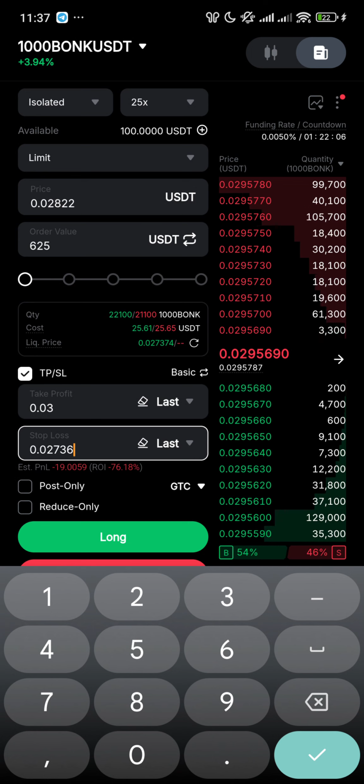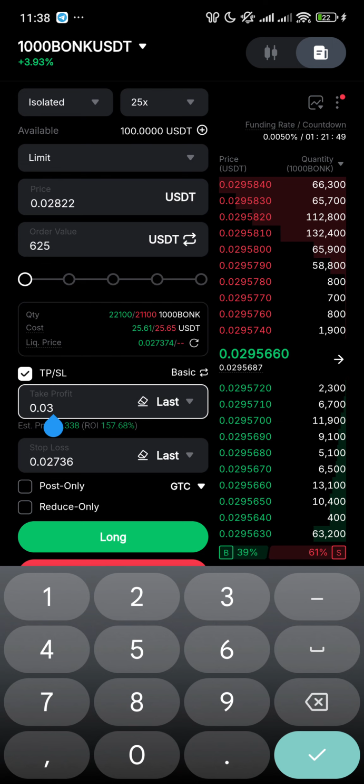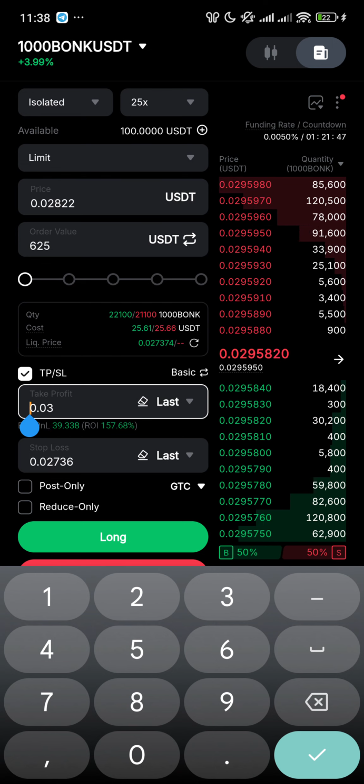That's the acceptable loss. For this trade, the acceptable loss is $19, even though you're using $25 to finance this trade. You can see our profits are way above what we are risking.